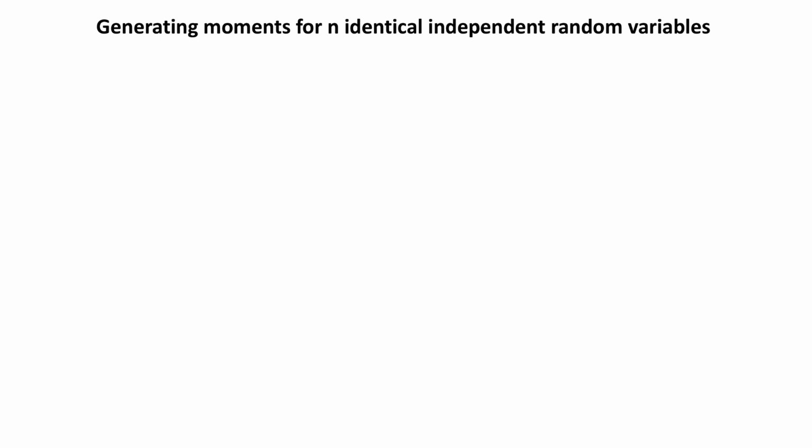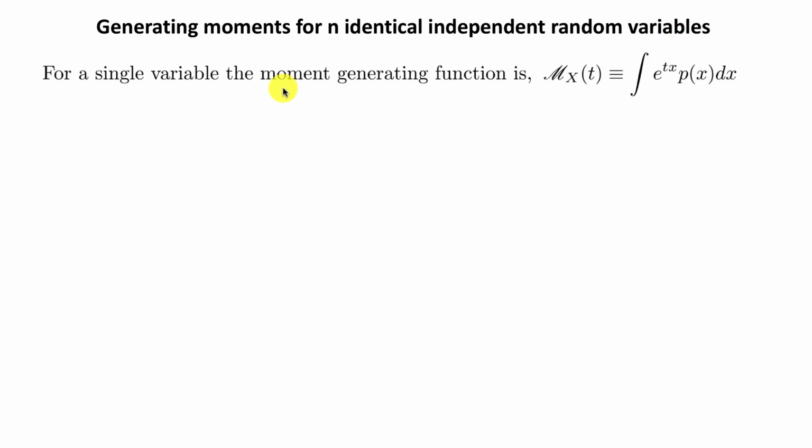Let's now move to the case where we have n identical, independent random variables. Let's first take a single random variable. For that single variable, the moment generating function, as we've discussed many times, is this thing, e to the tx times the probability distribution function for that random variable, and then you integrate over all values of x from minus infinity to plus infinity.